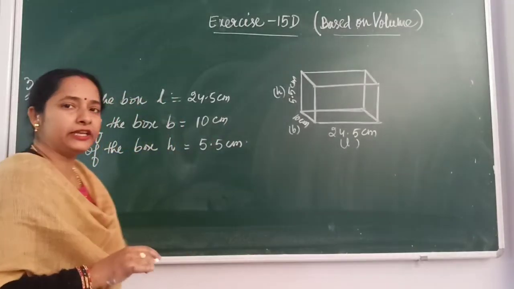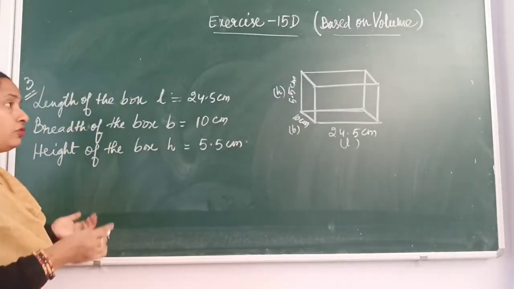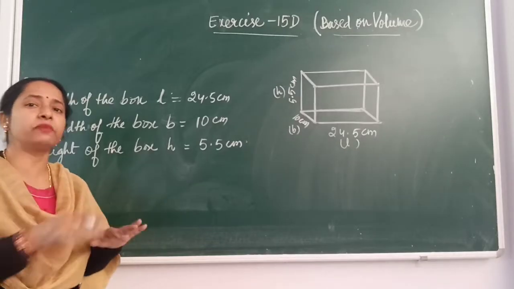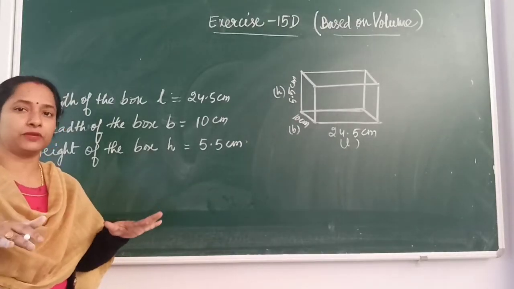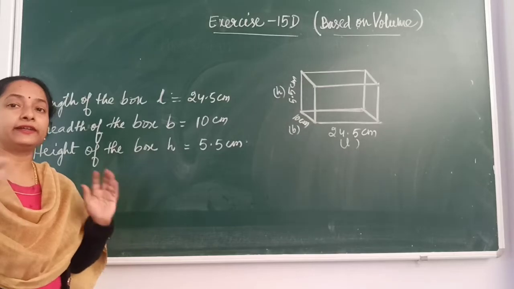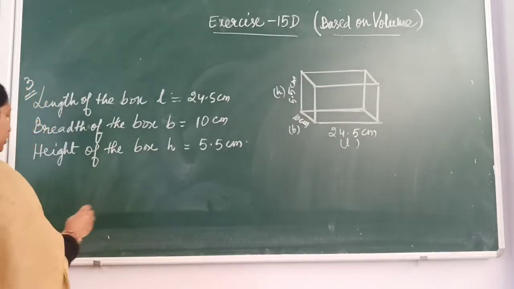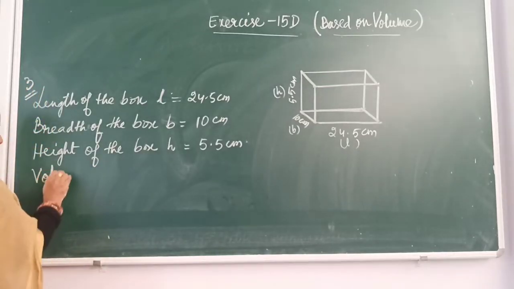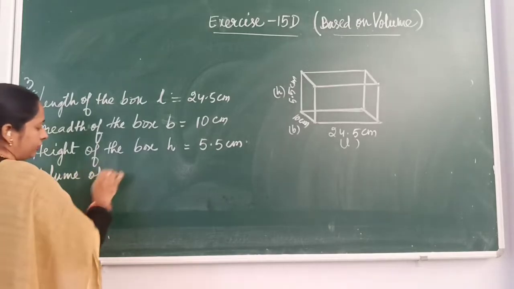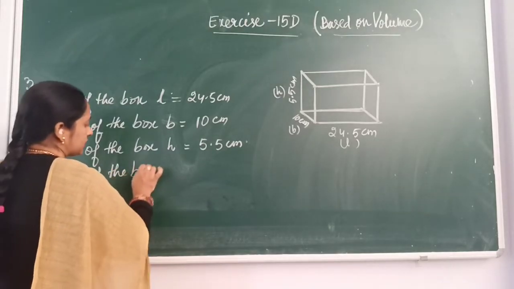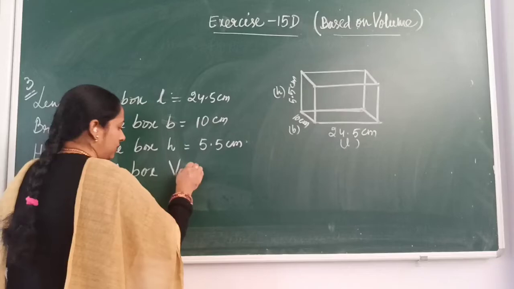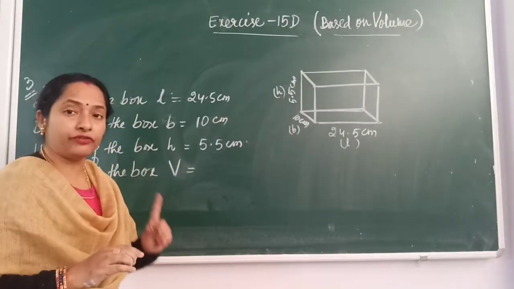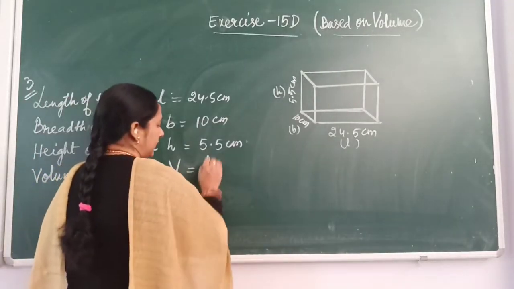Now what we need to find, children? We are going to find how much quantity of oats can be filled in this box. This means we are going to find the volume of the box. So volume of the box, V, will be equal to, first of all, write the formula, length.